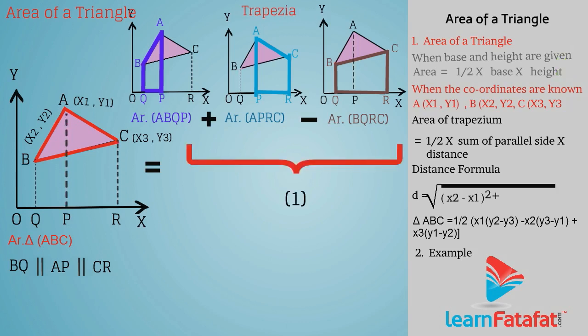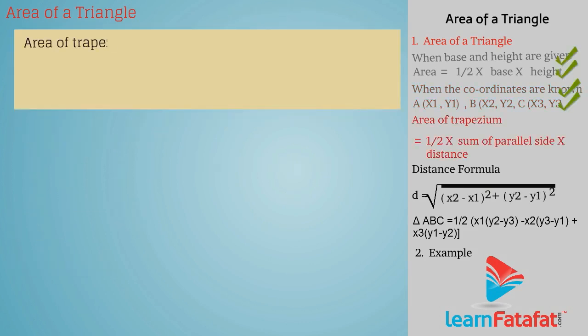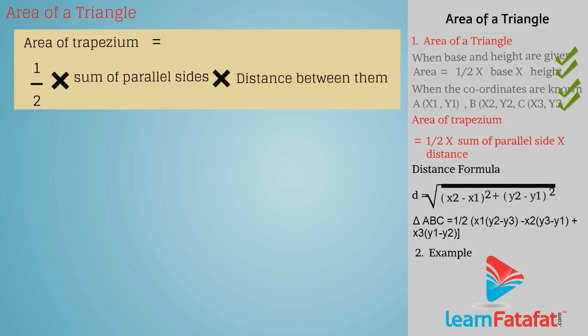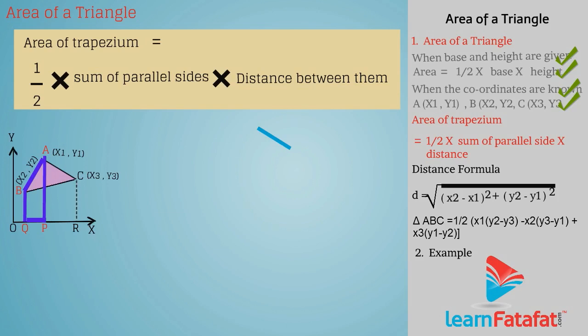And area of trapezium can be calculated as: area of trapezium is equal to 1 by 2 into sum of parallel sides into distance between them. So, using the formula, area of trapezium ABQP equals 1 by 2 into (BQ plus AP) into QP.